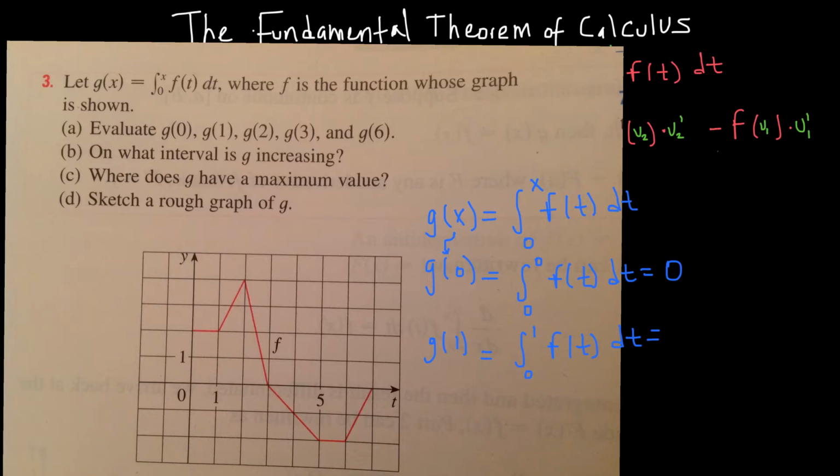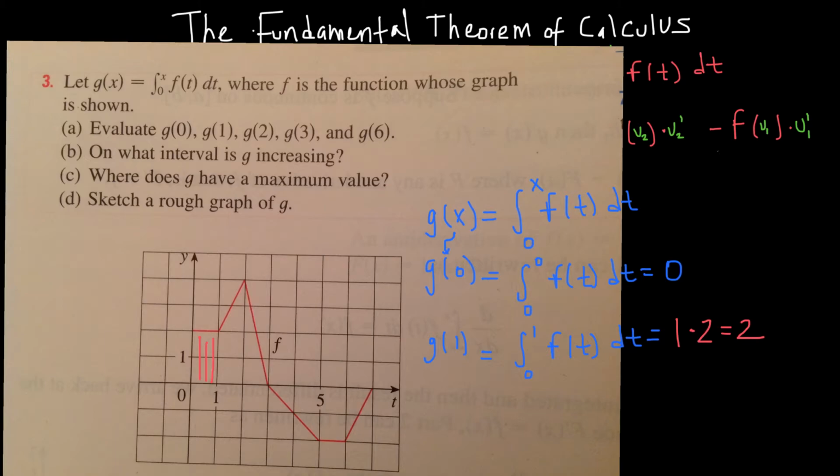And this is the area from 0 to 1, just that piece. It's a rectangle, and the length of the rectangle or the base is 1, and the height is 2 by looking at their scale. And this is above the x-axis or the t-axis, so it's a positive 2. And that's g of 1. G of 1 is equal to 2.